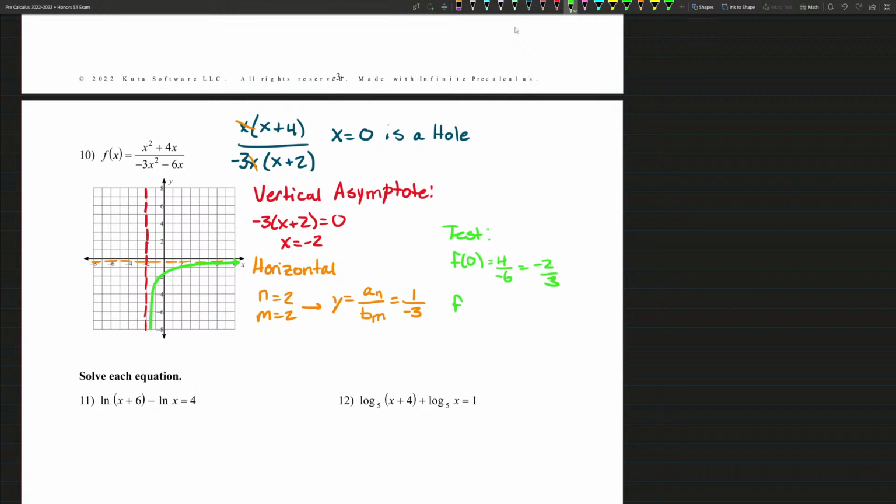When we test to the left, negative 3 plus 4, that's 1. Negative 3 plus 2, that's negative 1, times negative 3 is 3. So we get positive 1/3. Positive 1/3 is above negative 1/3. So our graph is going to look like this. Okay. The only thing that we need to put in here now is the hole. And there's a hole at x equals 0.